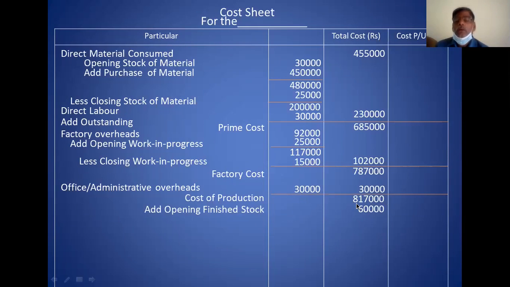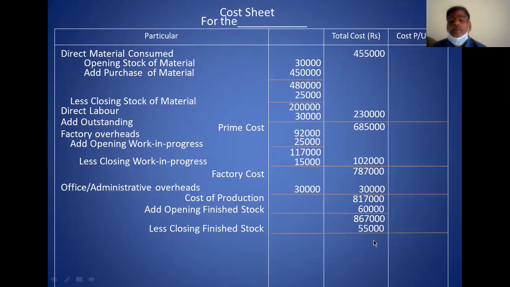Then add opening finished stock. Opening finished stock is 60,000. You add, then you deduct the closing finished stock. Closing finished stock is 55,000. You deduct 55,000. Cost of goods sold is 8,22,000.